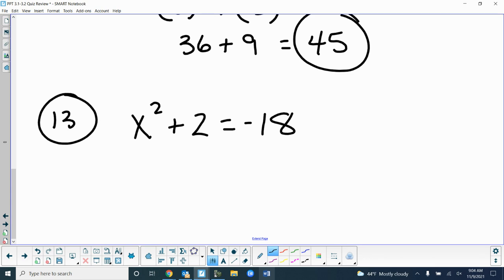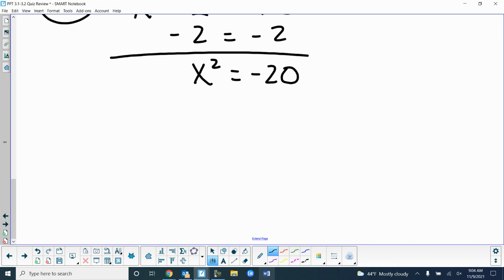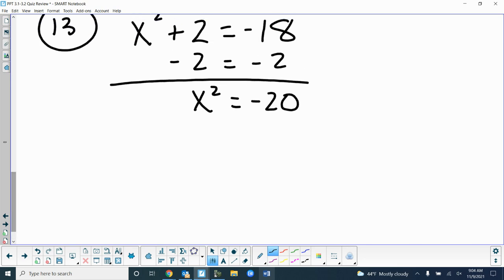To start, subtract the 2, right? So that's a negative 20, and then we're going to take the square root and simplify our radical.